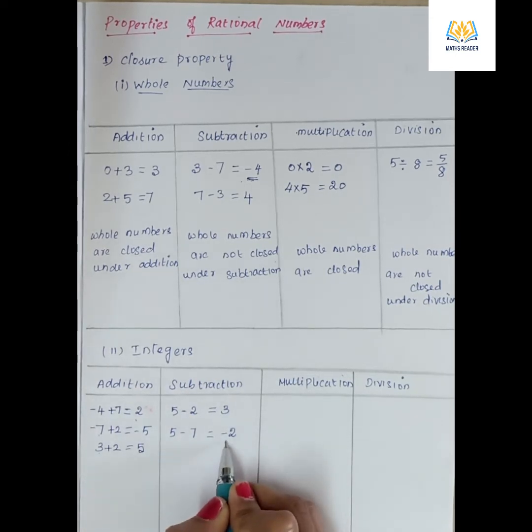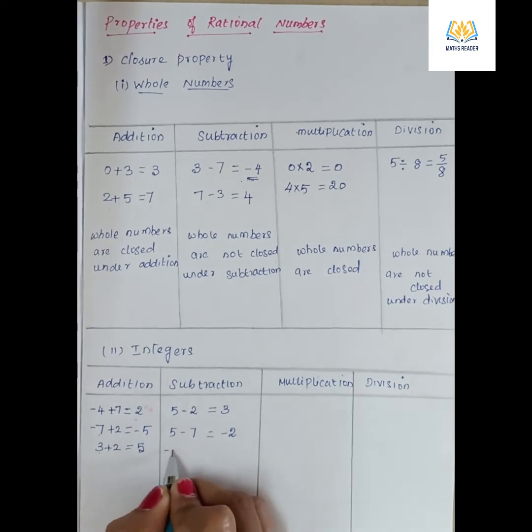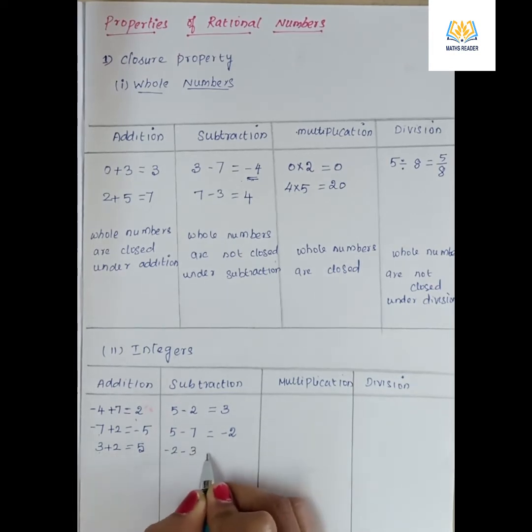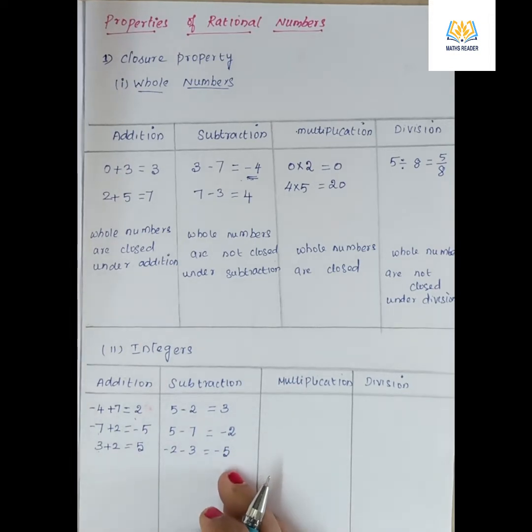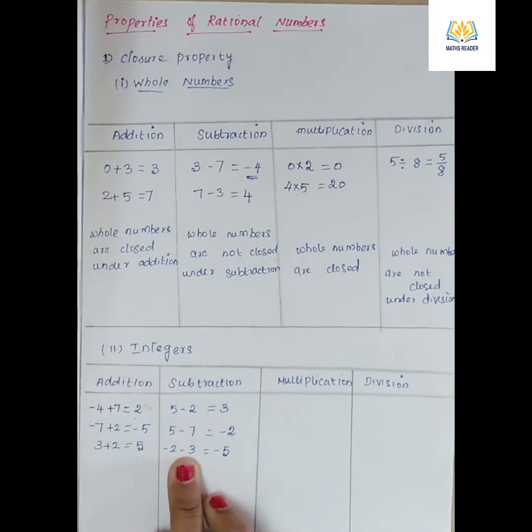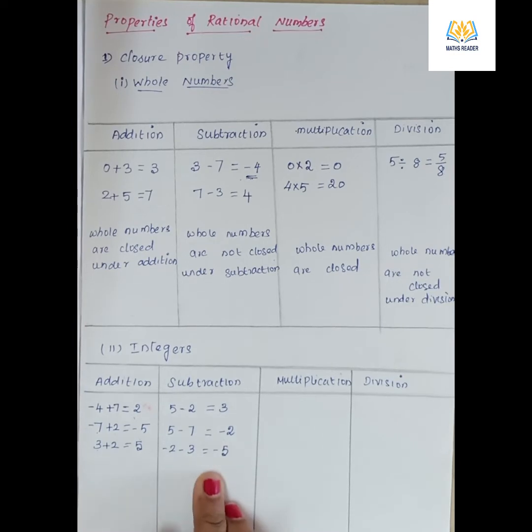This minus 2 is an integer. So next, minus 2 minus 3 is minus 5. So this is also an integer. So minus 2, minus 3, minus 5 are all integers. So integers are closed under subtraction. So subtraction satisfies the closure property for integers.